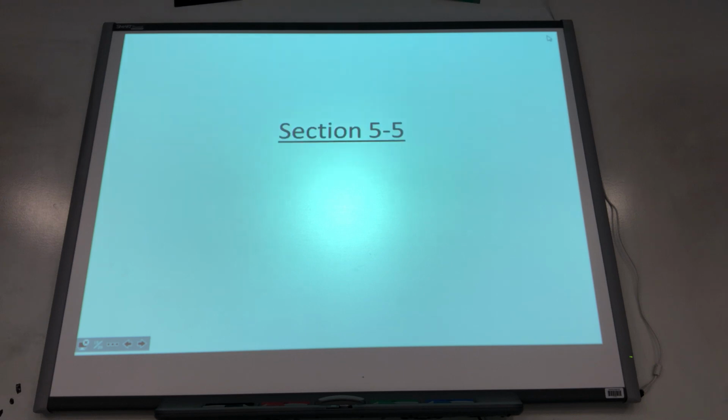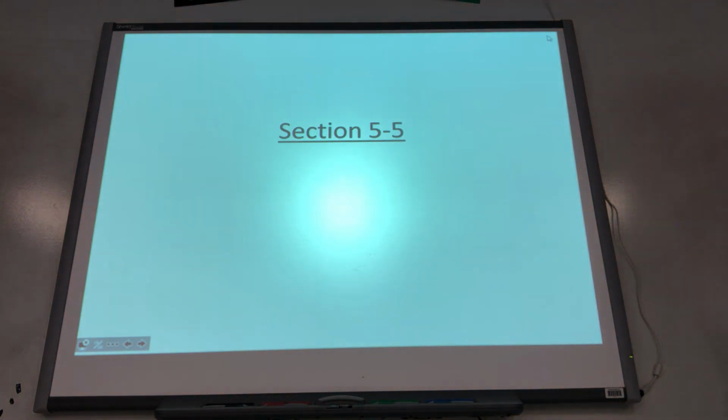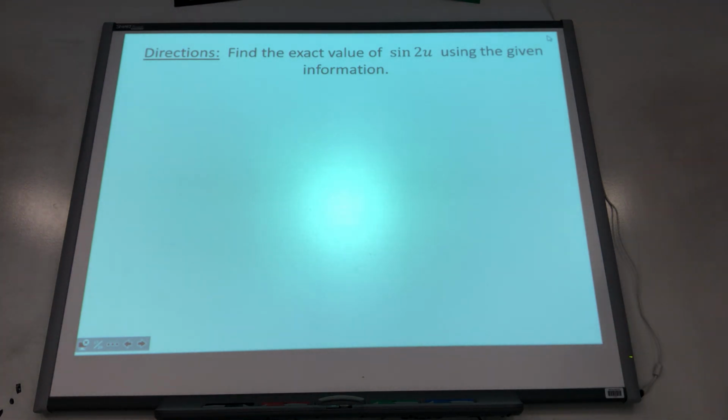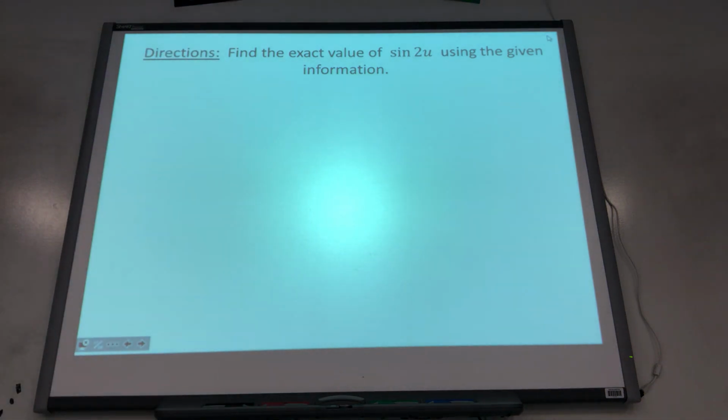Okay, last section here is 5-5, and again there's a lot of formulas that you'll probably want on your cheat sheet. We had double angles and half angle formulas. They're not on handy dandy, they're not given to you. We should have some extra time at the end of class today for you to get all those formulas on your cheat sheet.